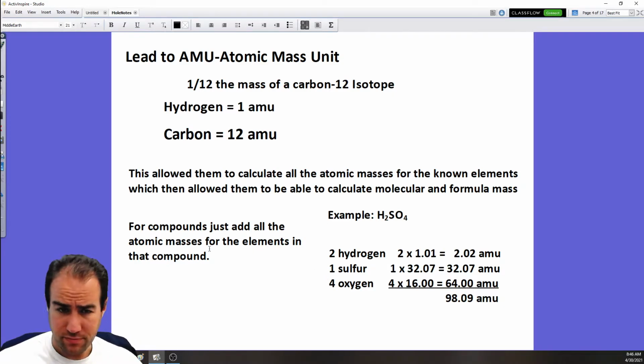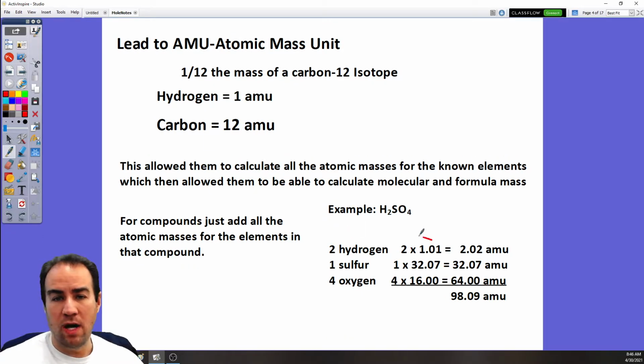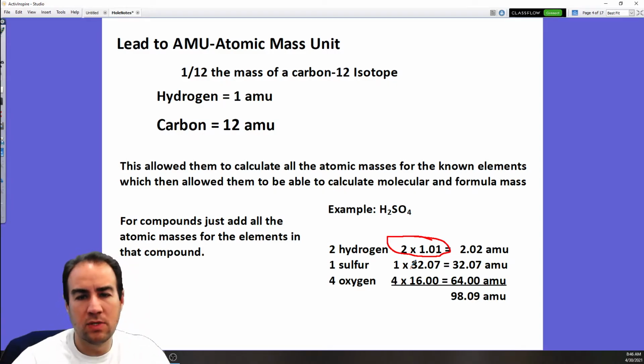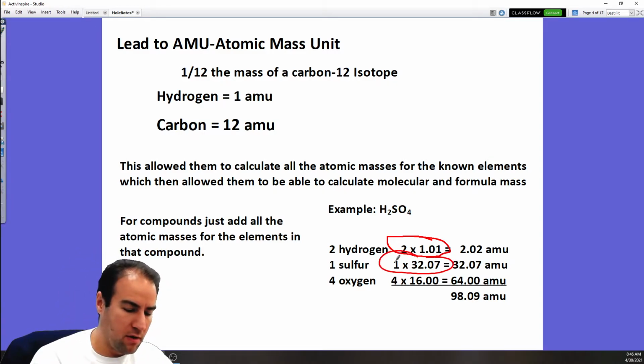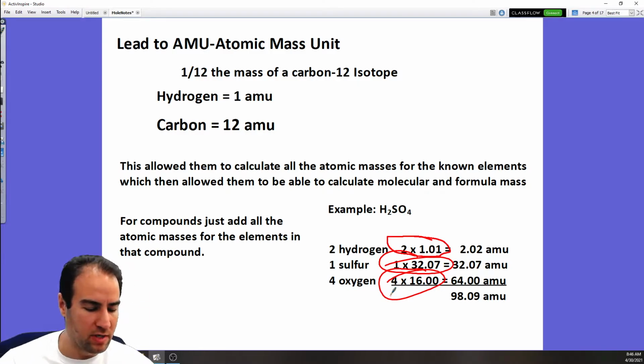See the example down below of H2SO4, with 2 hydrogen atoms with roughly a mass of 1 each, sulfur with a mass of 32.07, and we have 1 sulfur atom, and then 4 oxygen atoms with a mass of 16.